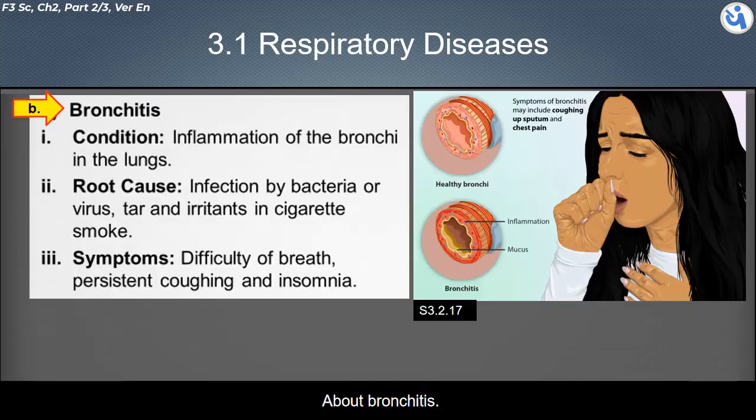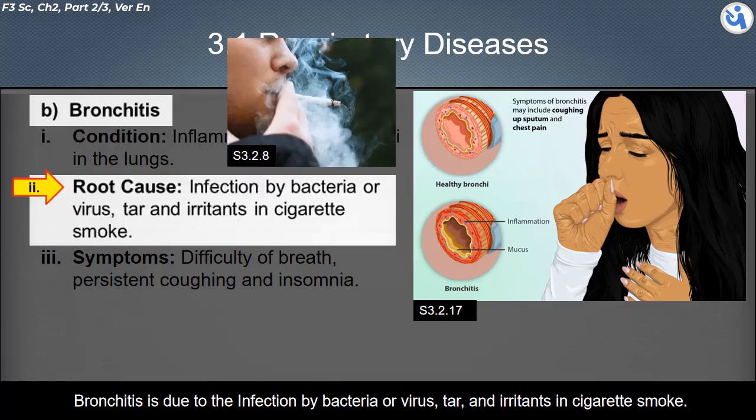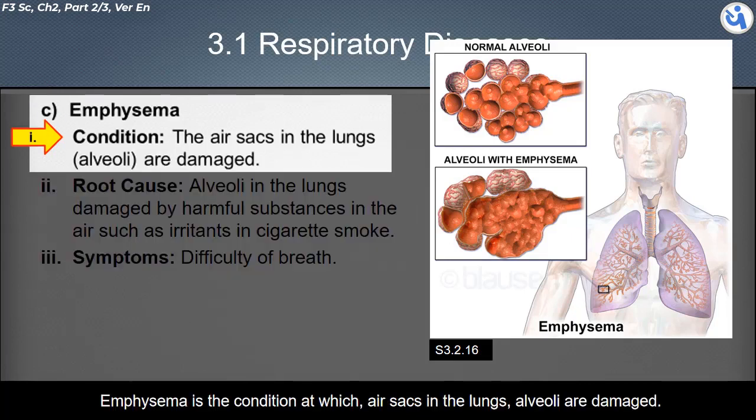About bronchitis. Bronchitis is the inflammation of the bronchi in the lungs. Bronchitis is due to infection by bacteria or virus, tar, and irritants in cigarette smoke. Symptoms of bronchitis are difficulty in breathing, persistent coughing, and insomnia. About emphysema.